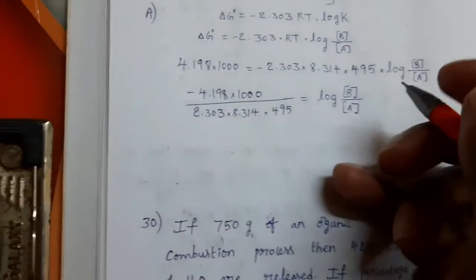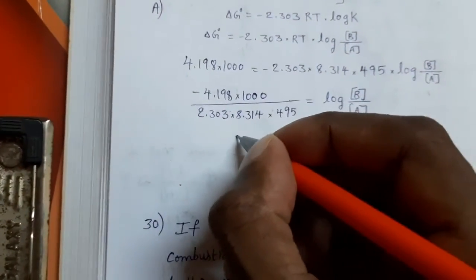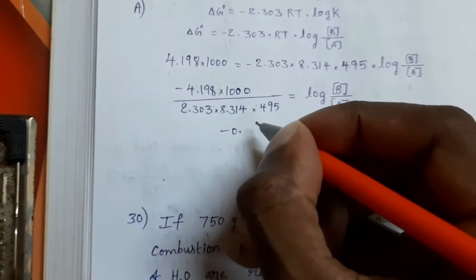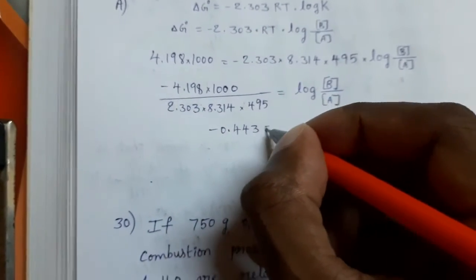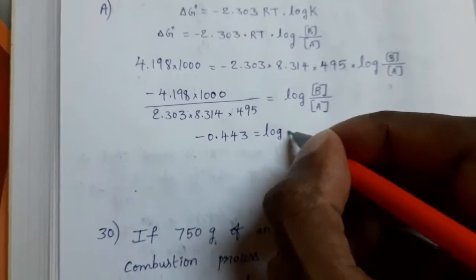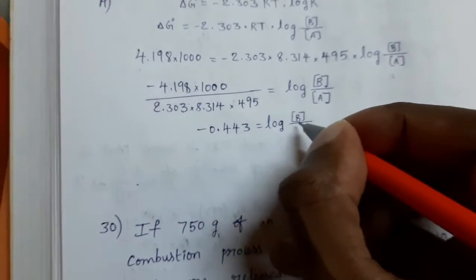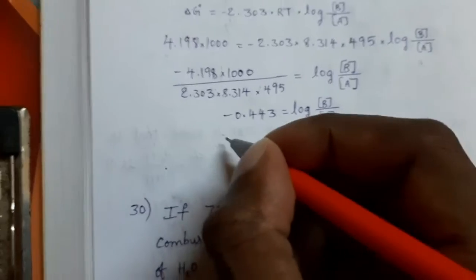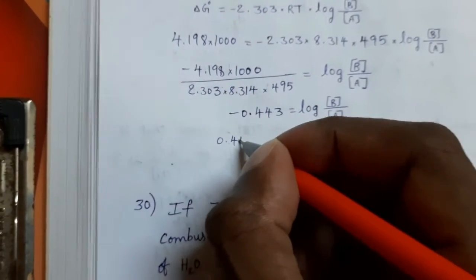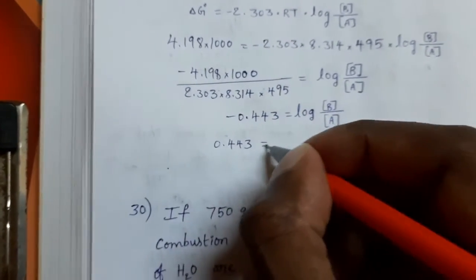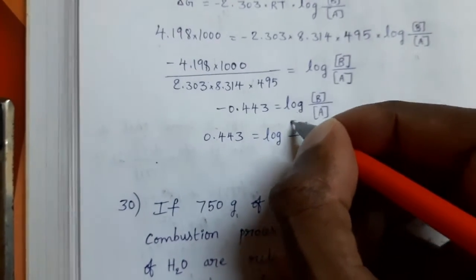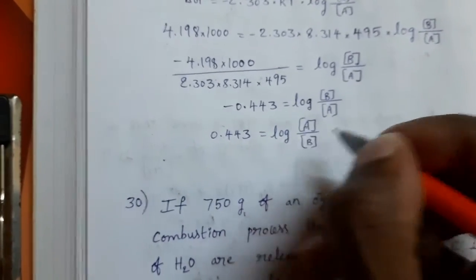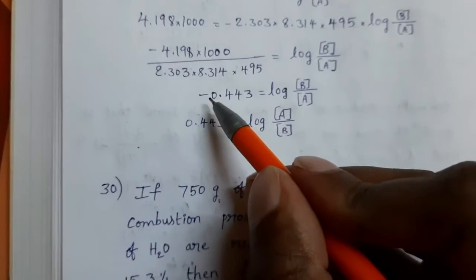Now by doing calculation we can get minus 0.443 equal to log of concentration of B divided by concentration of A. 0.443 equal to log of concentration of A divided by concentration of B, because left side minus is there.